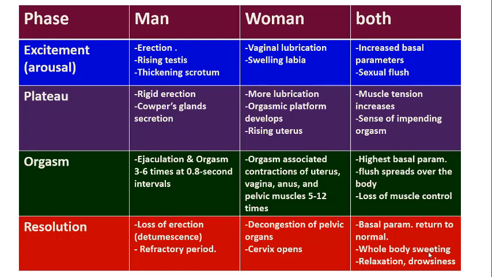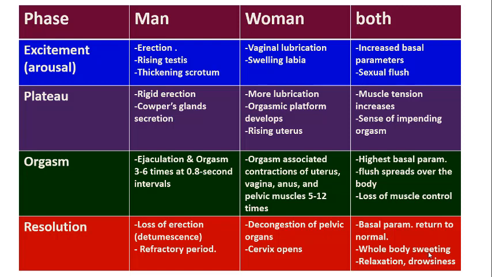In the woman, there is increased vaginal lubrication and swelling of the labia. In both man and woman, there are increased basal parameters, which include heart rate, respiratory rate, temperature, and blood pressure, and there is associated sexual flush. Sexual flush means erythema of the face during sexual stimulation.